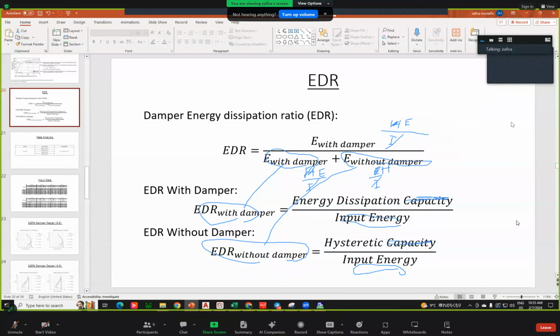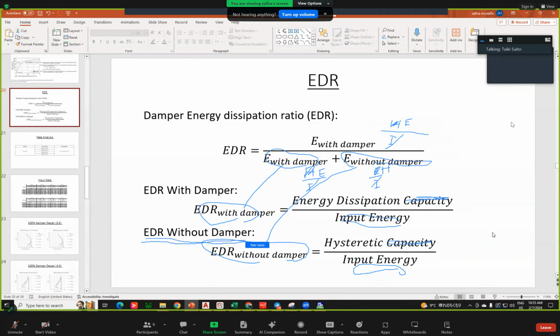It's different. So, for example, if the damper is elastic, I mean with a damper, so it means steel coupling beam, right?